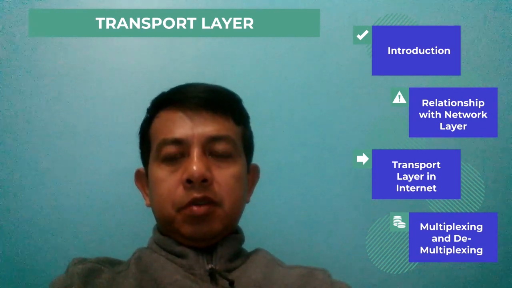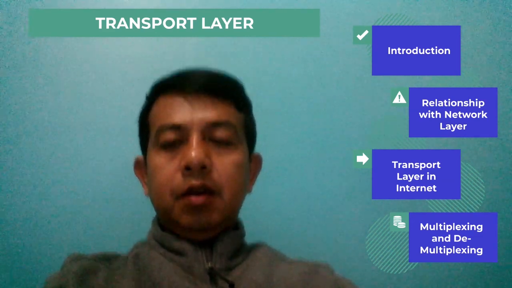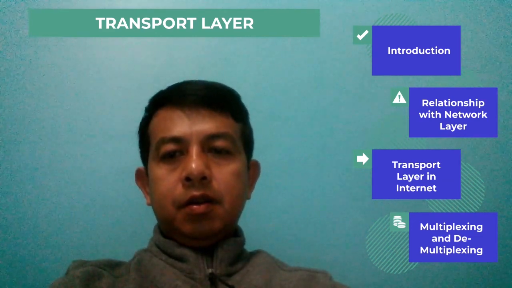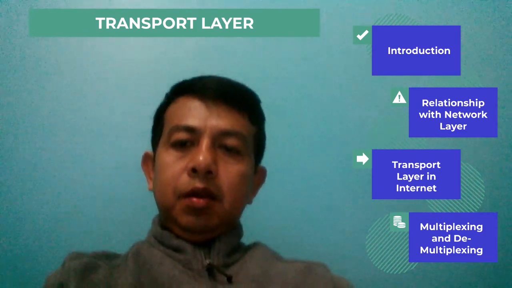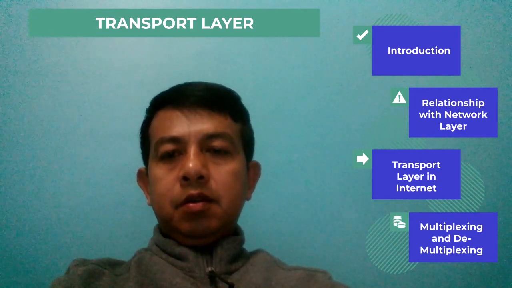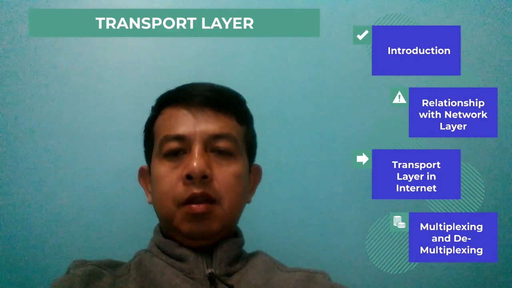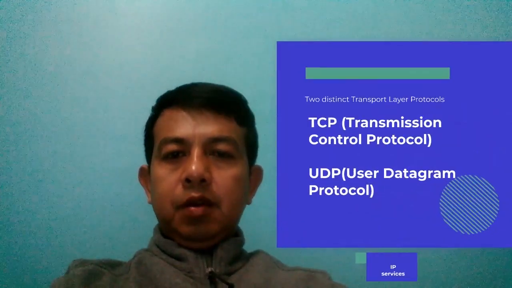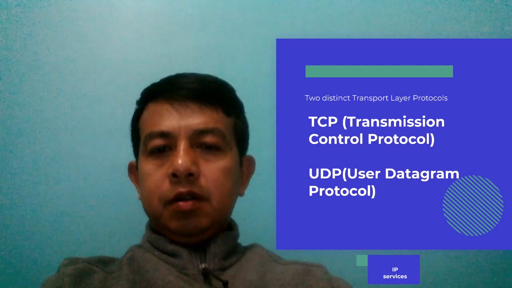Now we'll discuss the transport layer in the internet, specifically the TCP/IP stack, because we are taking the internet as our example network. By now it should be clear that the transport layer in the internet consists of two protocols. One is TCP and the other one is UDP. TCP stands for Transmission Control Protocol, UDP stands for User Datagram Protocol.